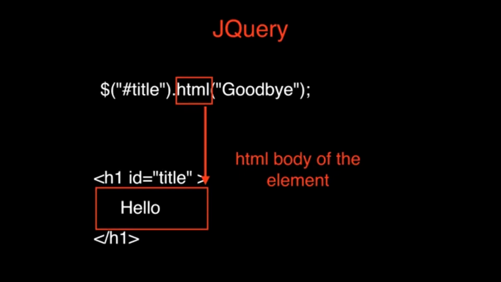So we've actually got the HTML tag back, and what that allows us to do is call a function on it, and that function is called html. What that means is that we're changing the HTML body of the element. So all of the HTML code that's contained in that element is being changed. Now, at the moment, that is just some text. It's just hello, but it could have further tags in it, including other tags.